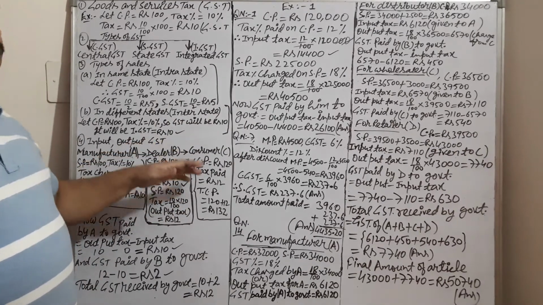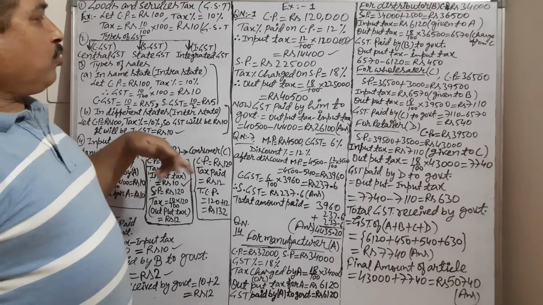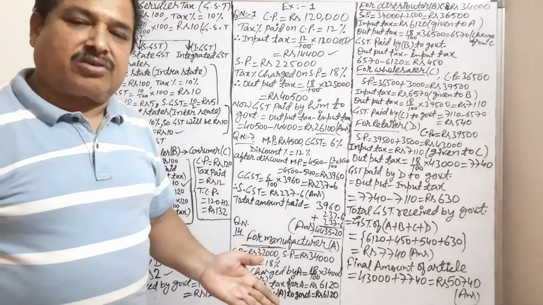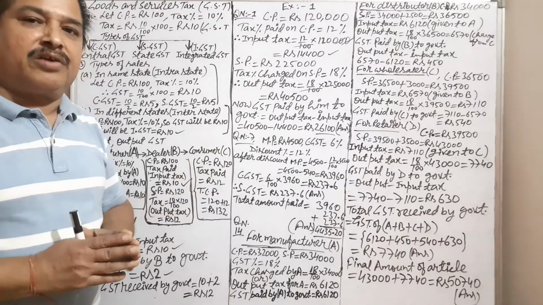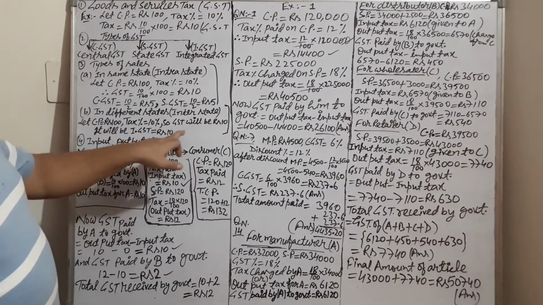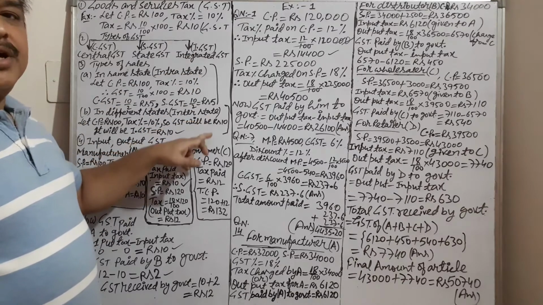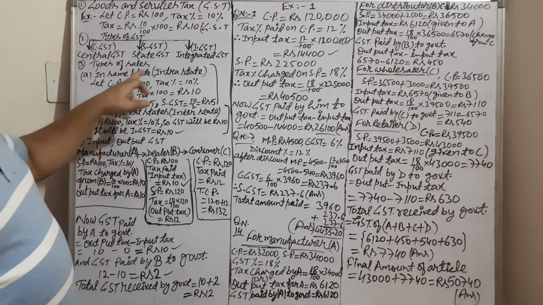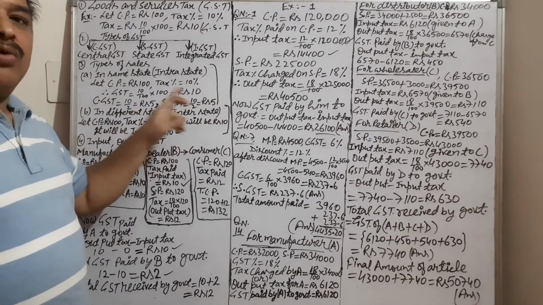So the central government will decide how to divide this 10 rupees between the states. This is the responsibility of the central government. So it is called IGST. So in the interstate selling case, we will take IGST, and in intrastate, CGST and SGST, equal and equal.